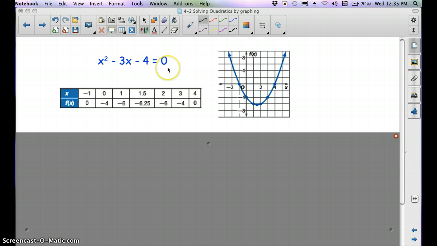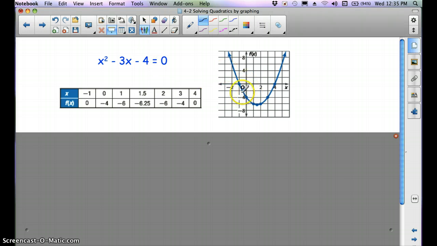So let's look at this equation here. We are going to find the x-intercepts, the roots, the solutions, whatever you want to call them, the answers, and that's where it crosses the x-axis. So if you notice here, it crosses at -1 and +4.